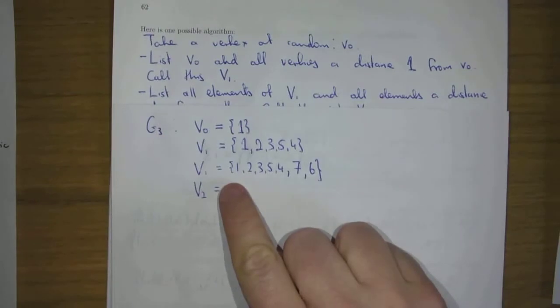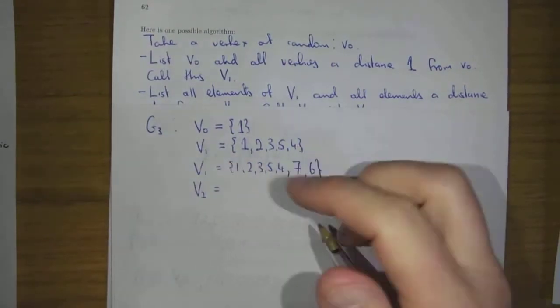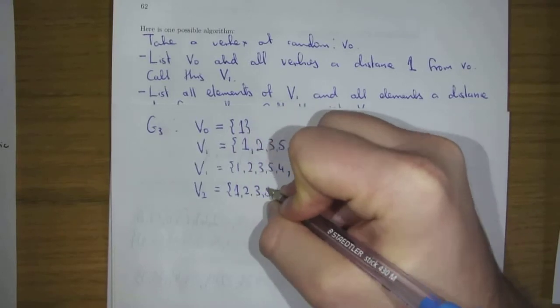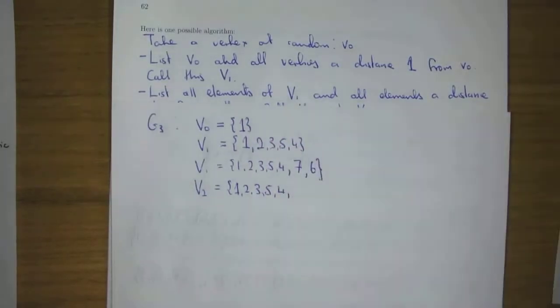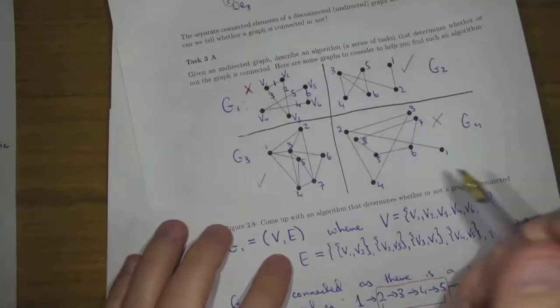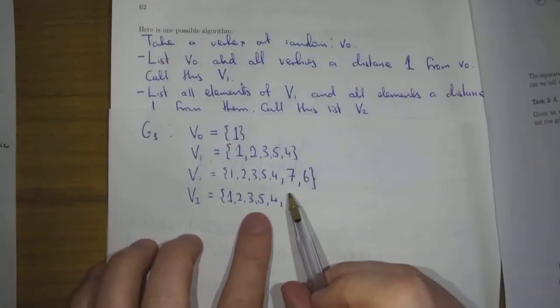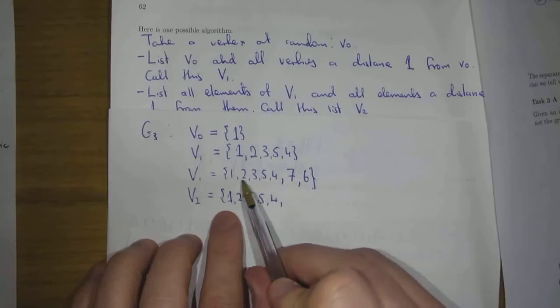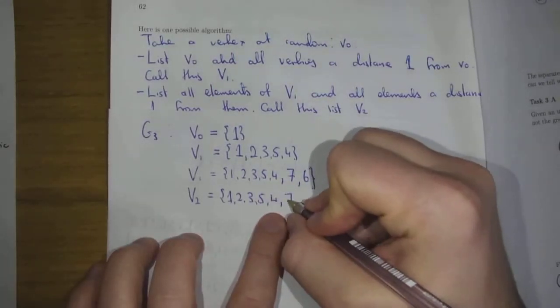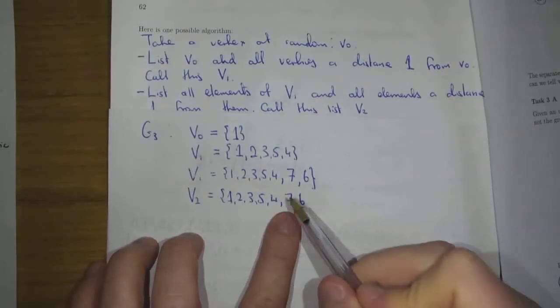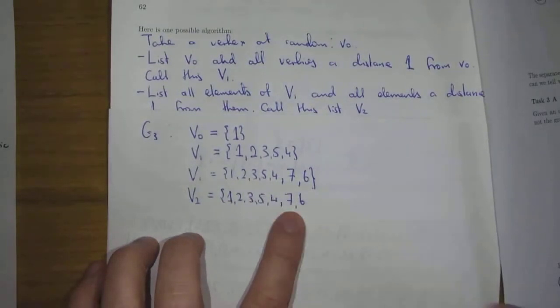Everything from 1 to 4 I've already done, so I just write them down and I don't worry anymore. Now I look at everything that's a distance 1 from 7. I see 6, 2, 5, 4, but they're all already there. Actually, I'm supposed to write in 7 and 6. So I don't have to go through 1 to 4. So 7, 6, everything I mentioned was already there.